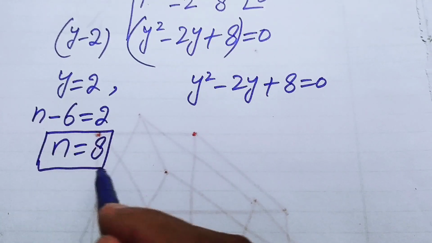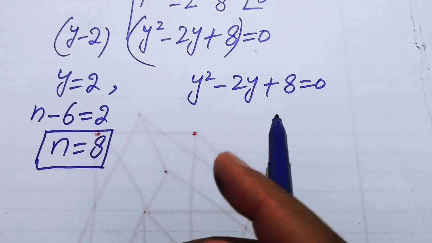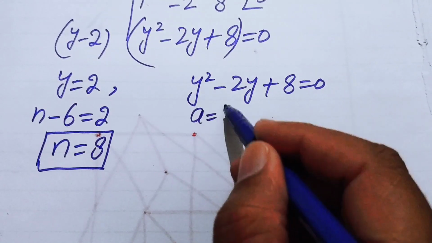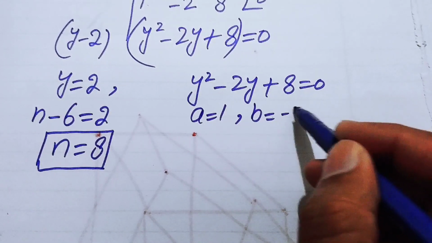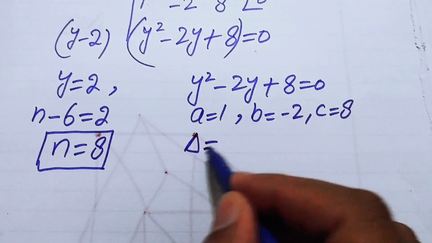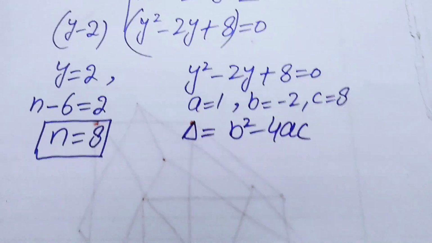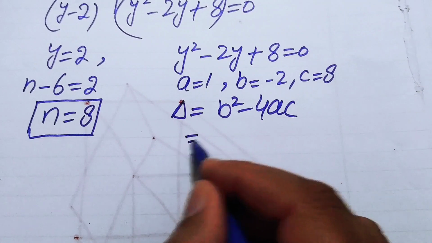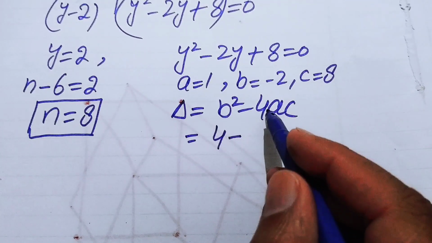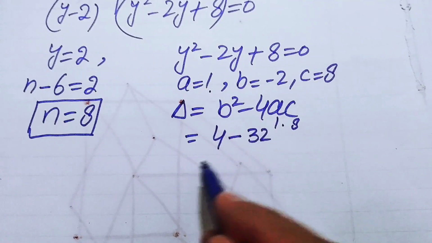Now we will check whether this quadratic equation has real roots or not, by using the discriminant formula. Here we have a equals 1, b equals minus 2, and c equals 8, and our discriminant formula is delta equals b squared minus 4ac. Now we put in the values of a, b and c, and you get minus 2 squared, which is 4, and 4 times 1 times 8 is 32.